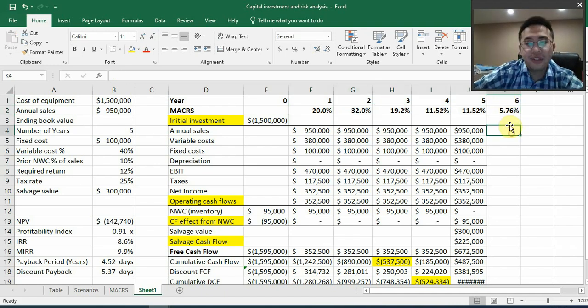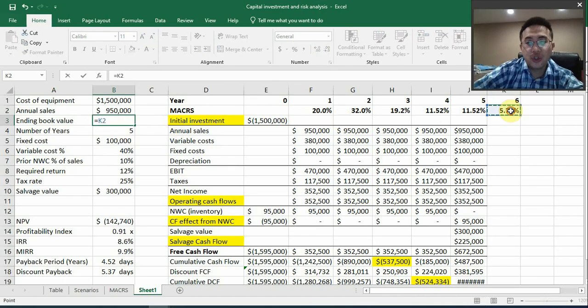Why do I have a value for year 6? That percentage is not actually depreciated, it's not actually incurred. This 5.75% is the ending book value percentage. So how do you calculate the ending book value?